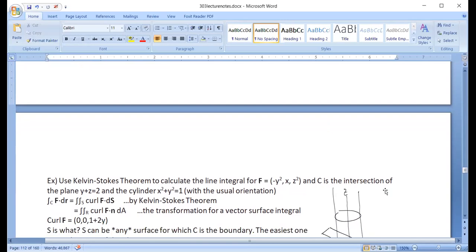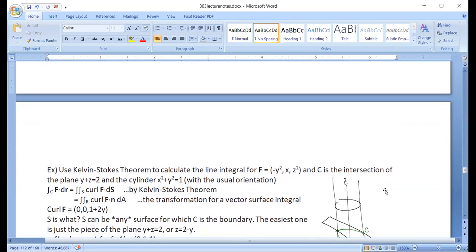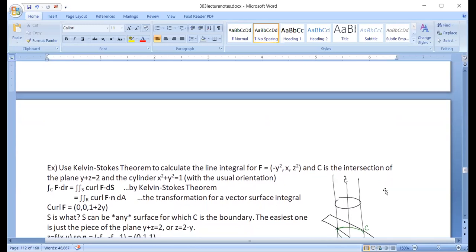Before we start talking about the parameterization, dA and R, note that S can be any surface for which C is the boundary. That's going to come in handy later. In this case, the easiest one is just the piece of the plane that we already had in this problem.